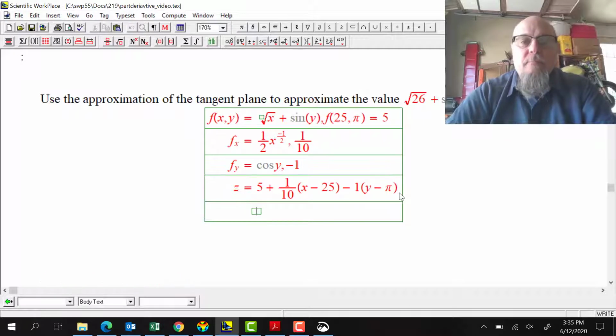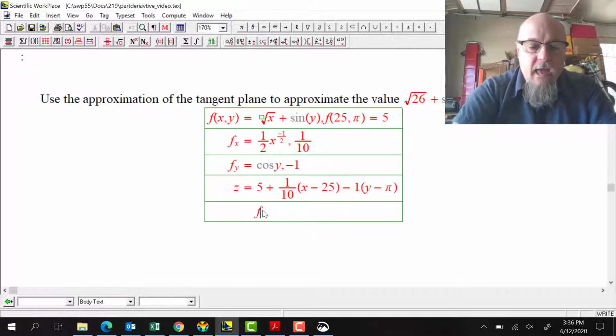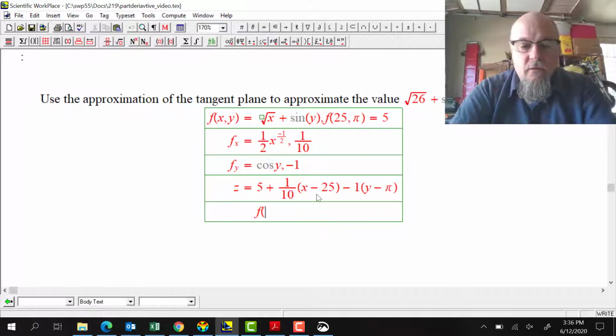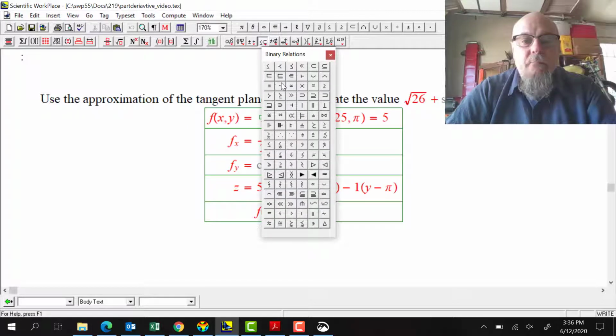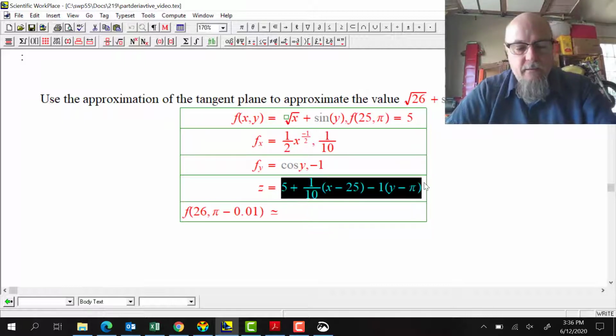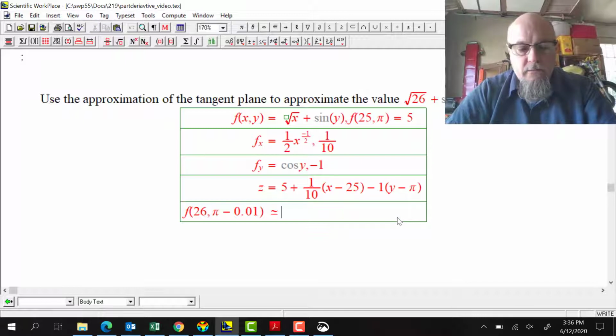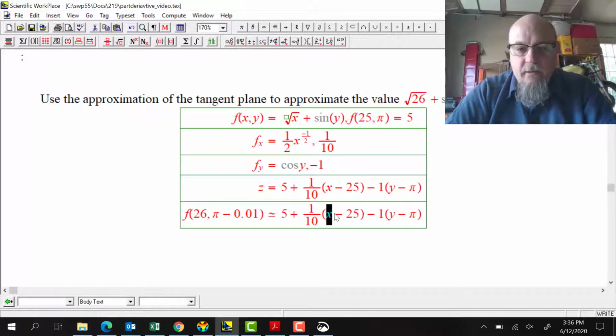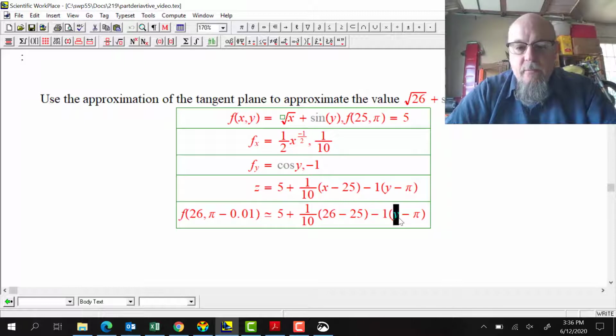So now we've built the tangent plane, let's use the tangent plane. So f of 26 and pi minus 0.01, that's what I'm trying to find out. And all I'm saying now is that it's approximately equal to what I get when I plug those values into the plane. Okay, that's going to make this 26, and that's going to make this pi minus 0.01.